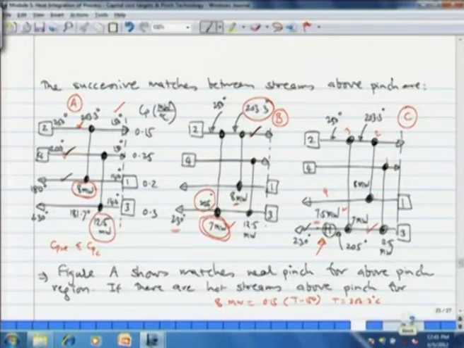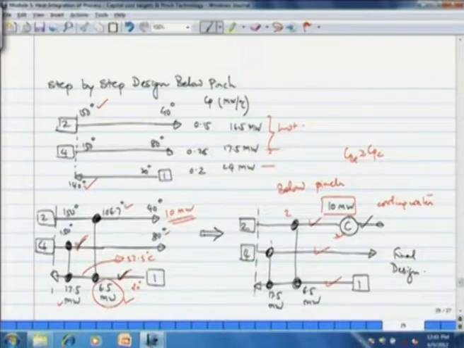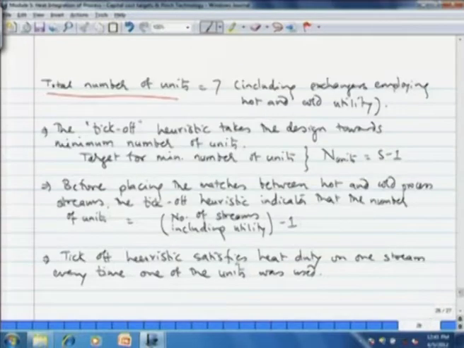For the below pinch region, we had 3 process streams plus cold utility, so 4 streams, and we ended up with 3 exchangers. So, the total number of exchangers in the entire heat exchanger network here is 7. So, the Tikoff heuristic has taken the design towards the minimum number of units as predicted from the graph theory.